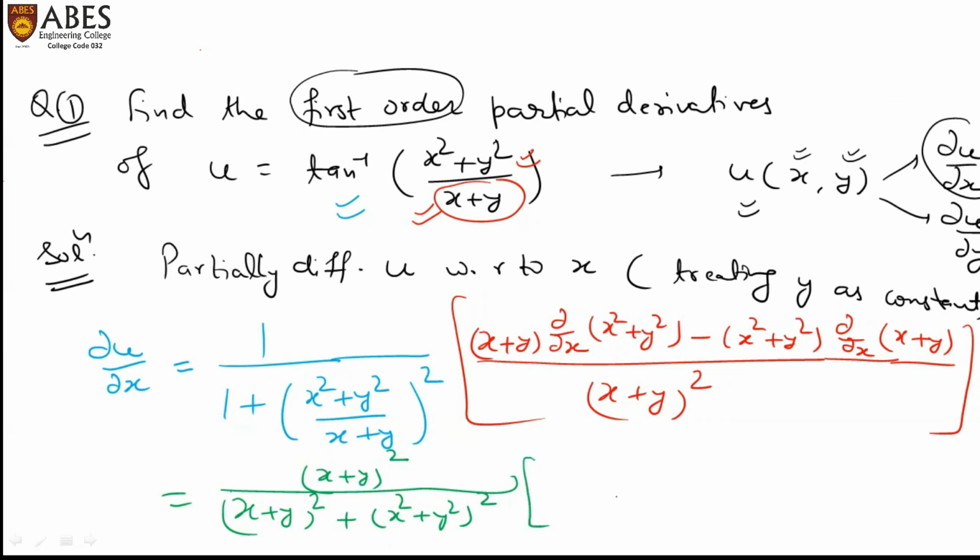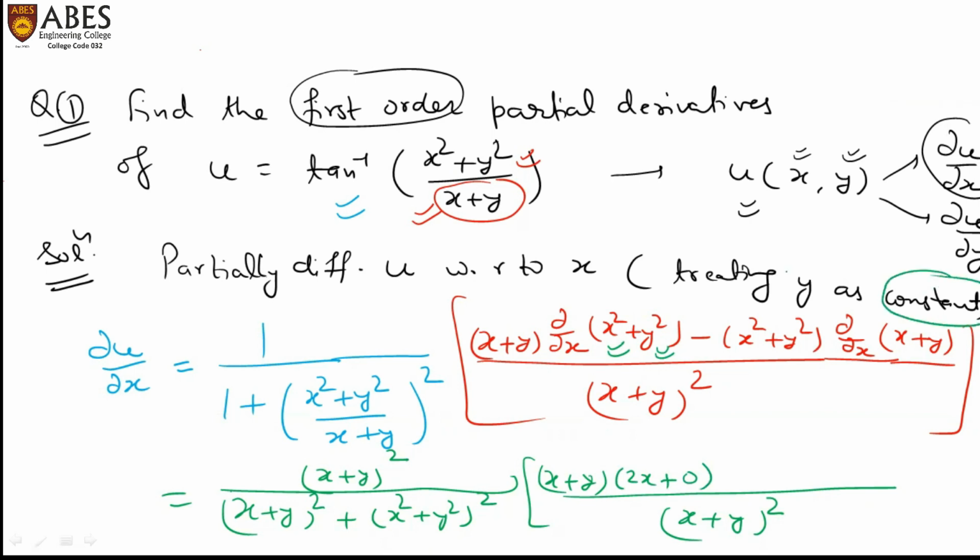And this function is (x plus y) whole square, in the numerator x plus y, and the partial derivative of x square with respect to x is 2x, and the differential of y square with respect to x is 0 since y is a constant, correct, while differentiating with respect to x.